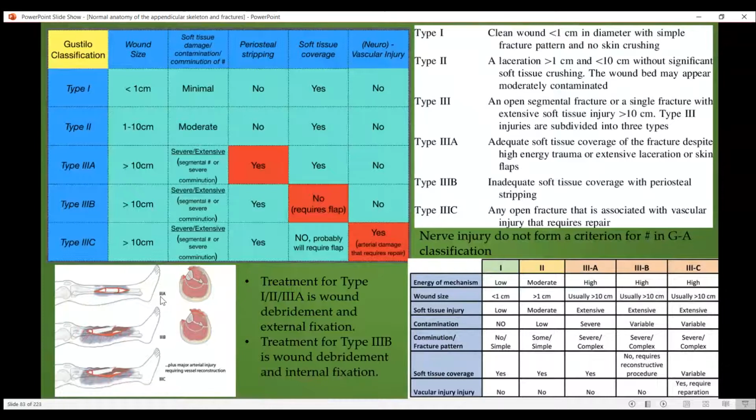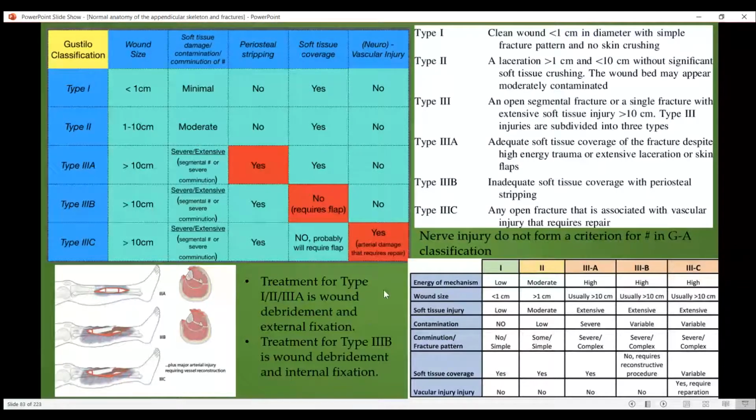In 3B there is inadequate soft tissue coverage, but here the vasculature is intact. But in type 3C, yes, it has inadequate soft tissue coverage, and the vasculature is damaged.